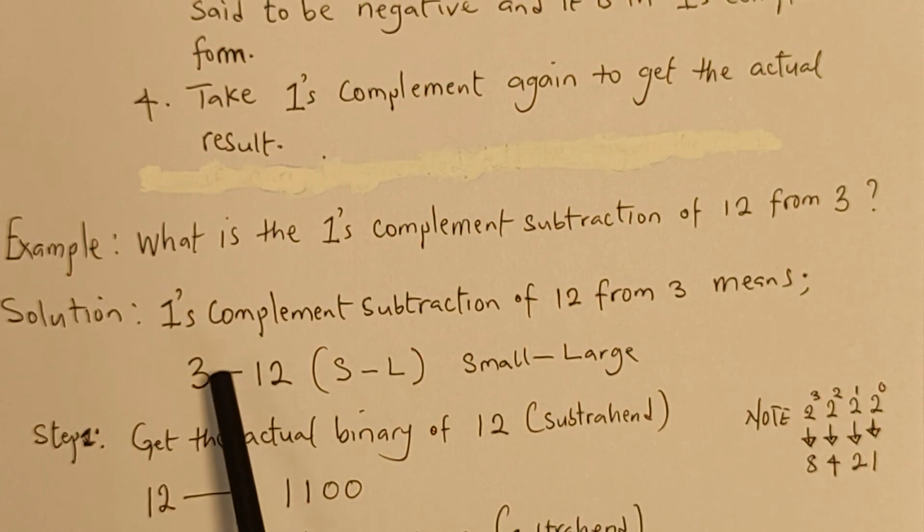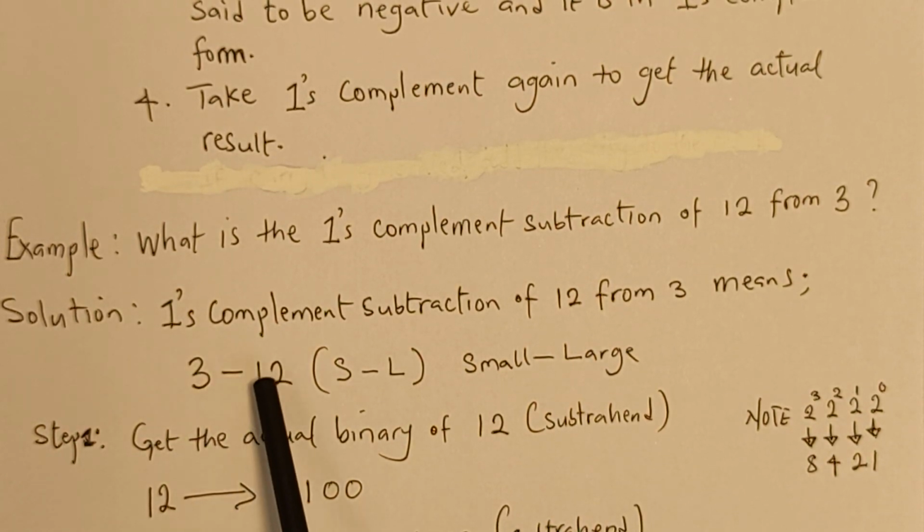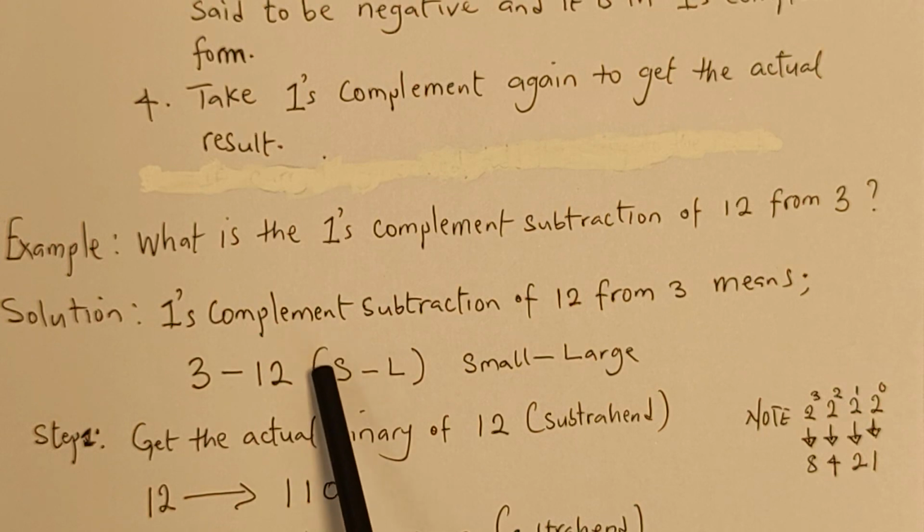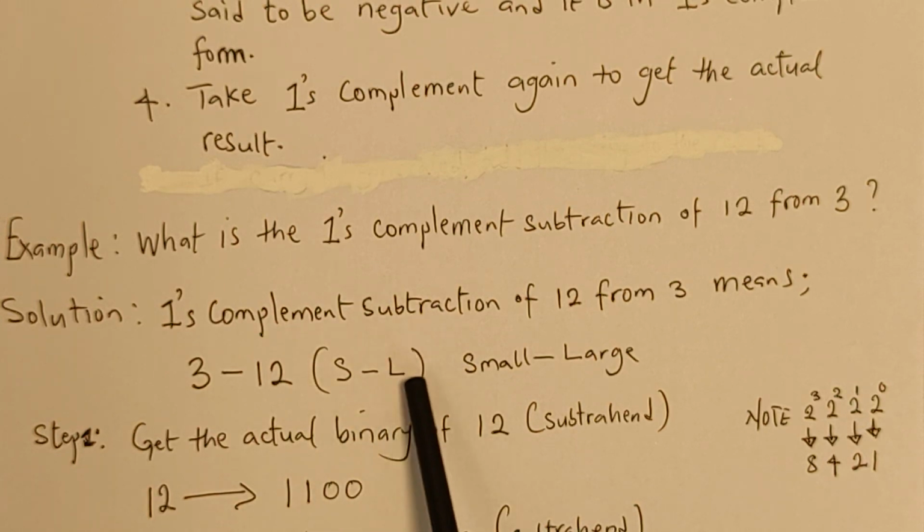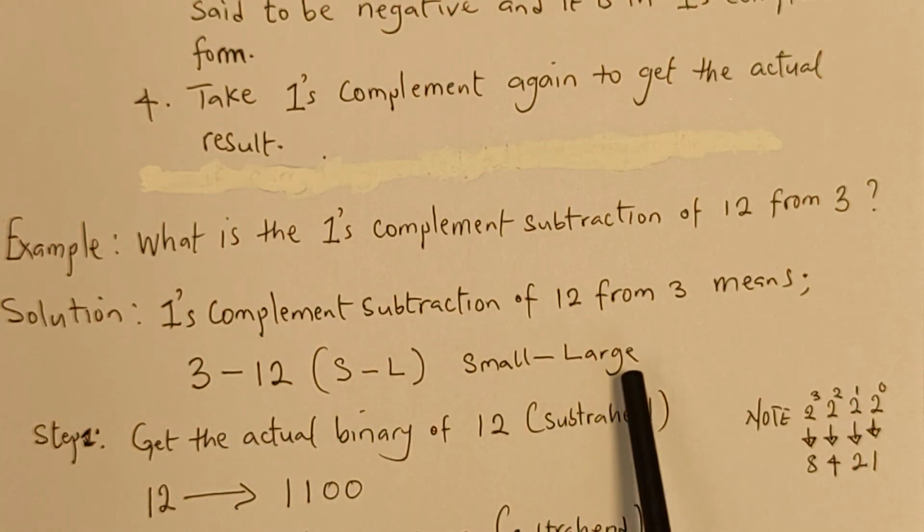So you need to write it this way: 3 minus 12, which means small minus large. This is what it means. Once you're able to decode this, the rest is very straightforward and easy.